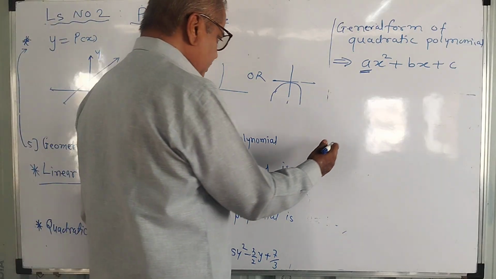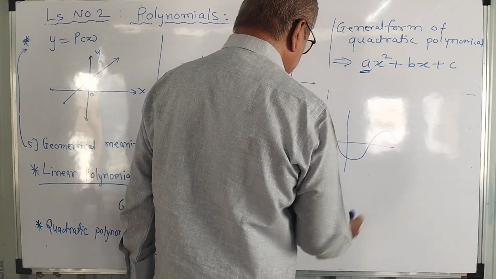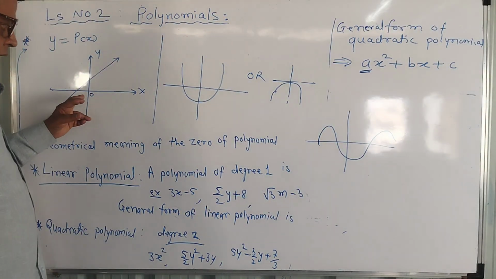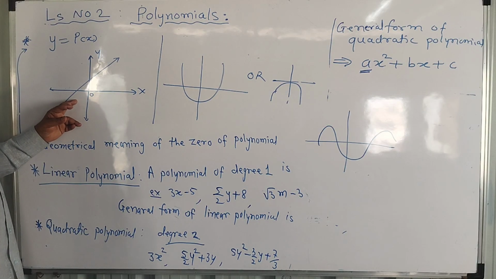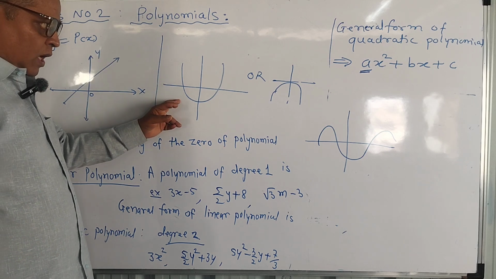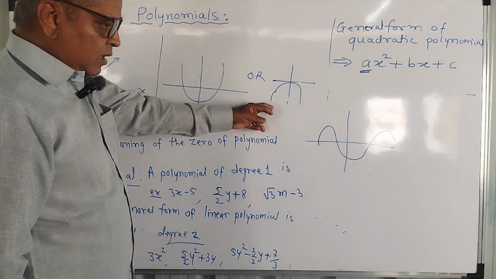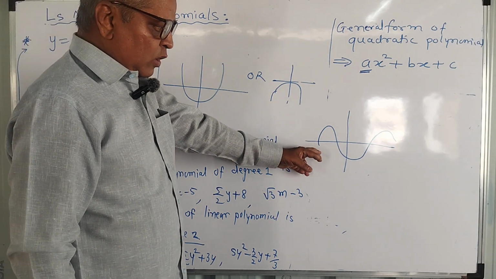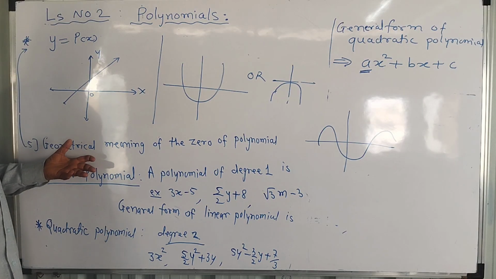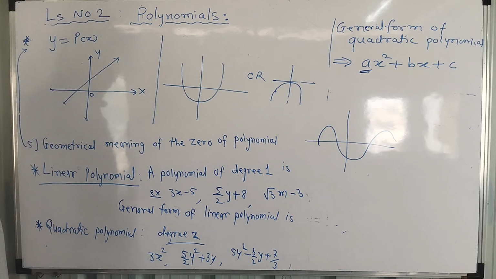And if you take the cubic polynomial, the graph might be like this. It is called spiral. See, the graph of linear polynomial is always a straight line. Graph of quadratic polynomial is parabola. It may be opening upward or it may be opening downward, and graph of cubic polynomial is spiral. Now actually we need to find how many zeros these polynomials have.